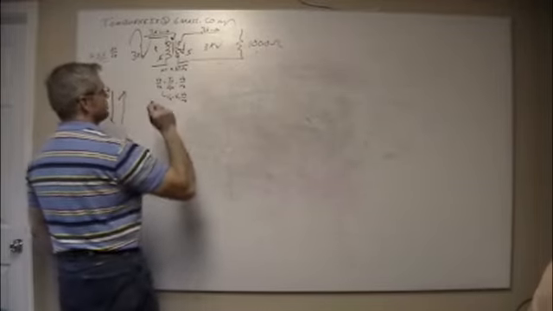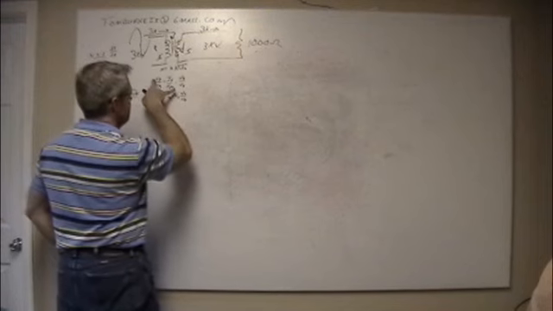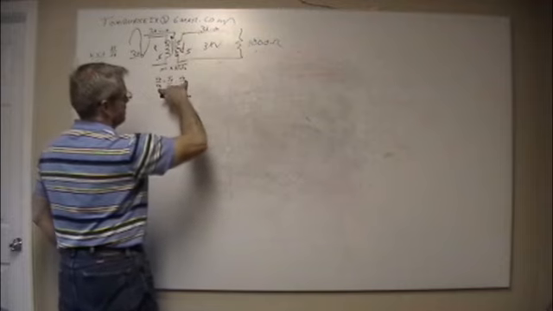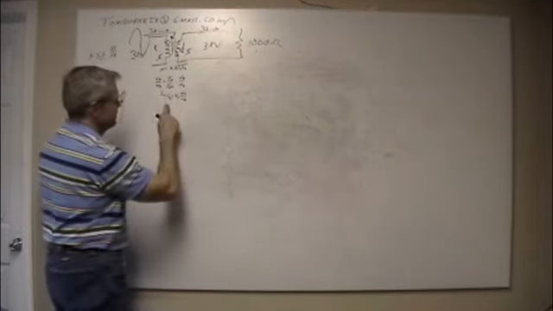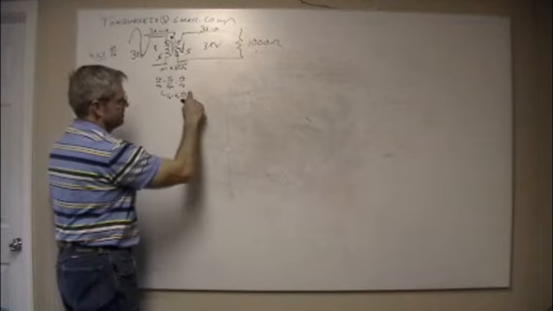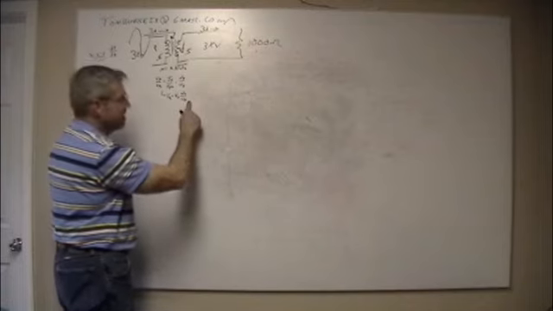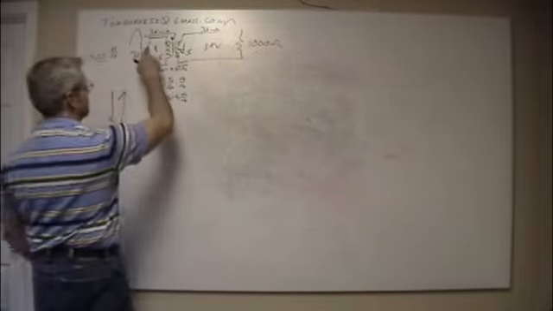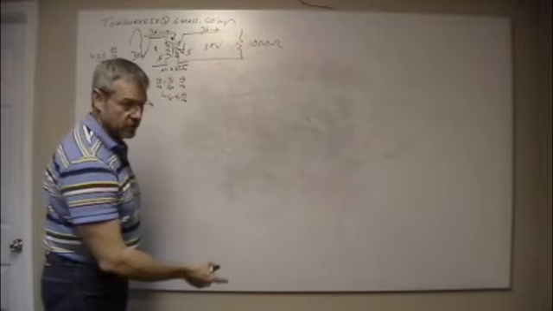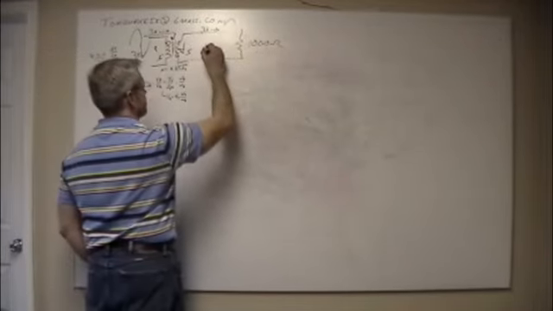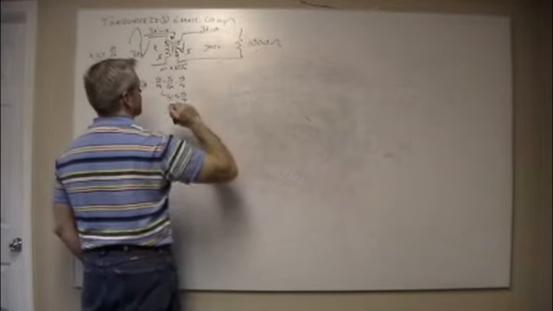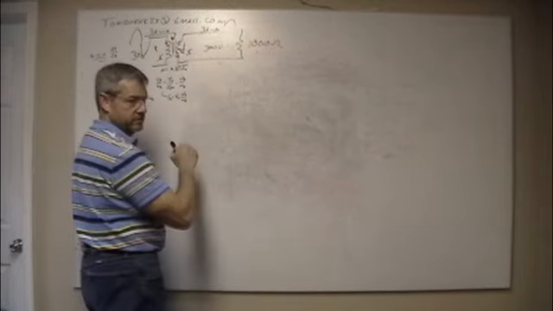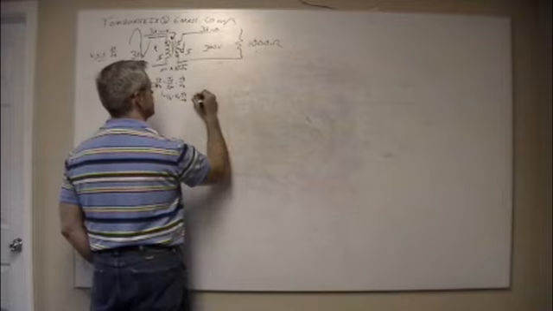But we see that V primary over V secondary is equal to the number of turns primary over the number of turns secondary. So Vs is equal to Vp times the number of secondary turns over the number of primary turns. So if I want this to be a step down, from 3,000 volts to, well, let's go to 300 volts because that's easier, then I have to have a 10-to-1 ratio, where this is 10 turns and that's 1 turn.